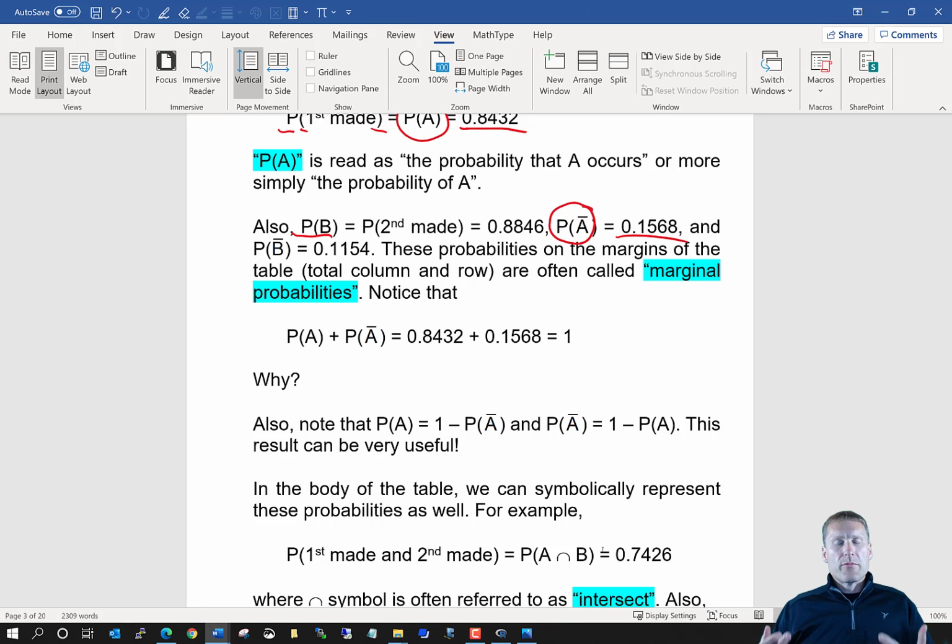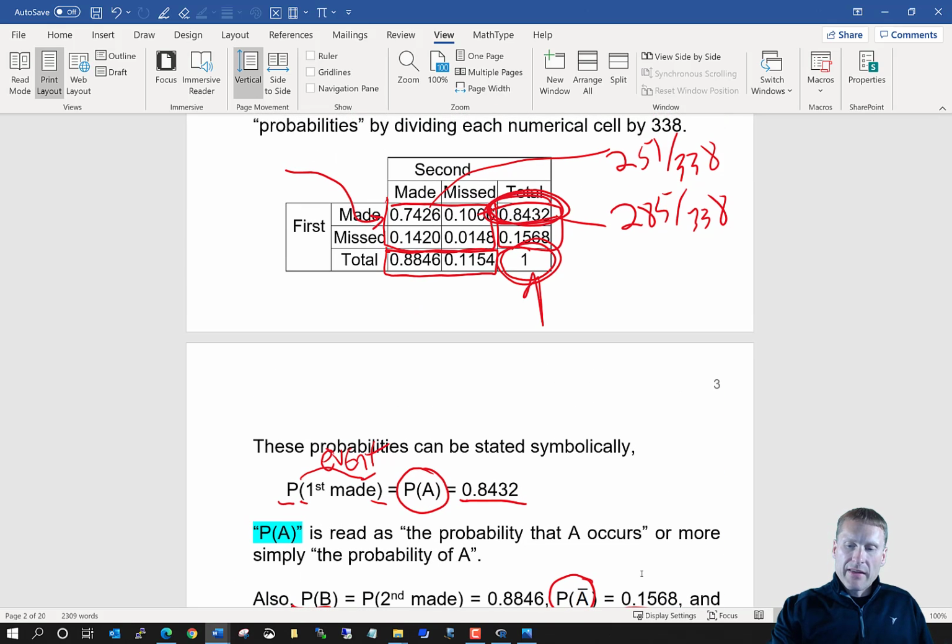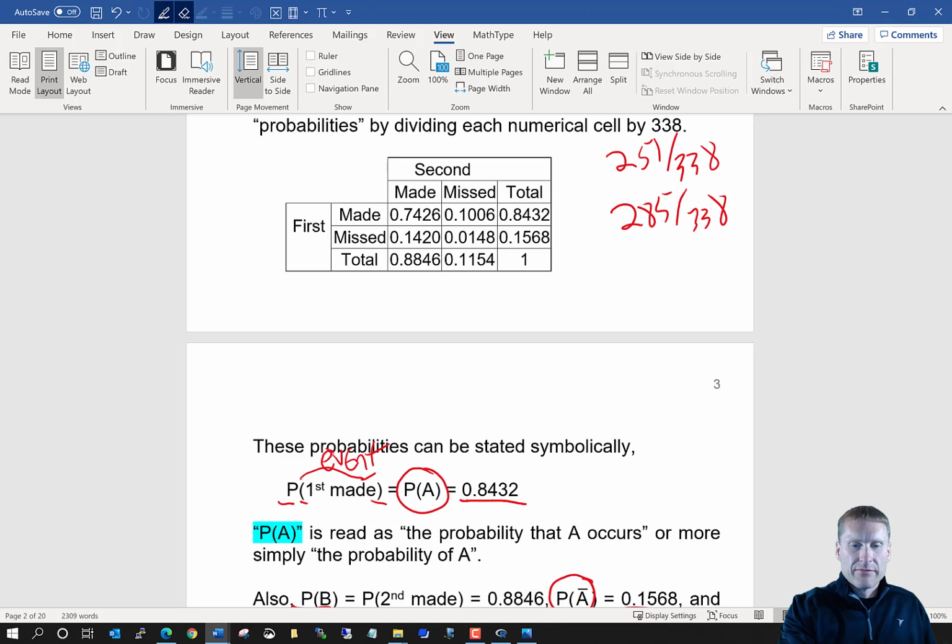So I've used the word margins a few times already, and we can look at what are called marginal probabilities, which then represent, again, what's on the edges of the table. Sorry, I'm getting a little bit messy here. And we've already been working with them, I just hadn't called them that.